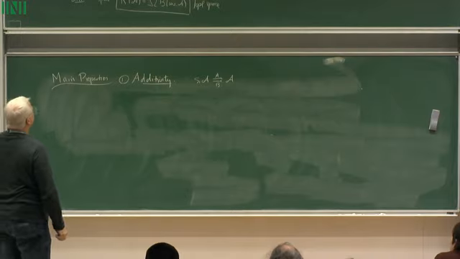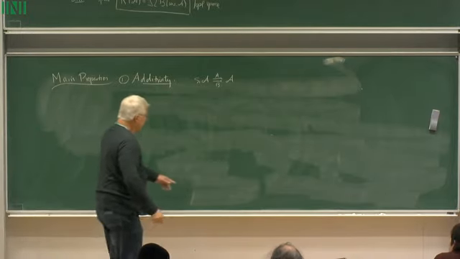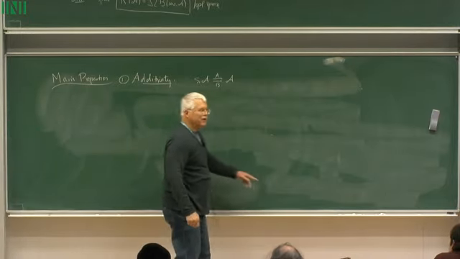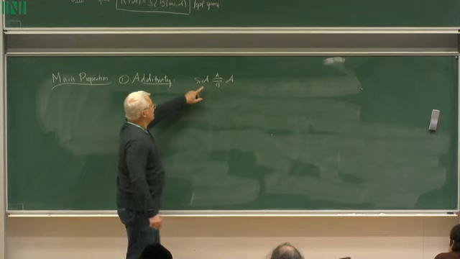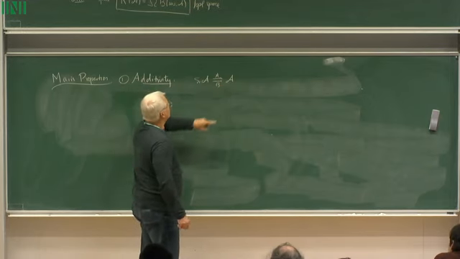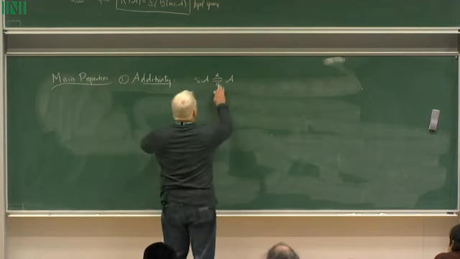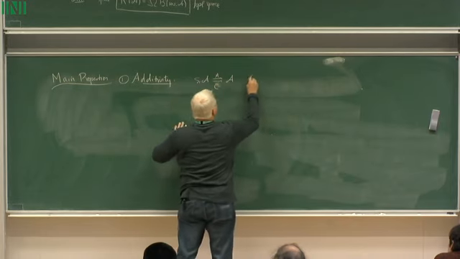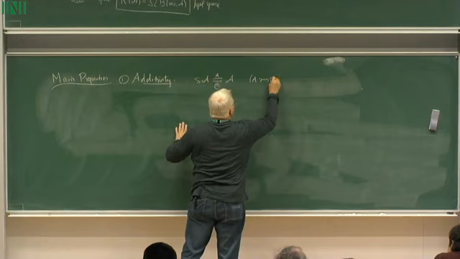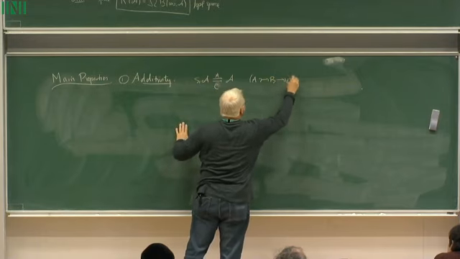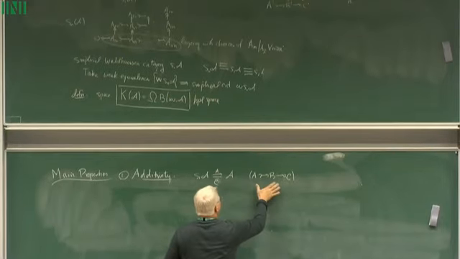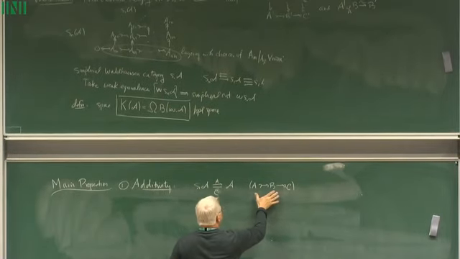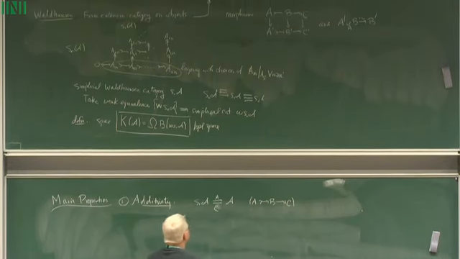If you remember, S1 was a category of extensions, and you have the source and the target of an extension. If you take an extension A to B to C, this is an object of S1 of A. I take this as my source, I take this as my target, and I get two maps like this.